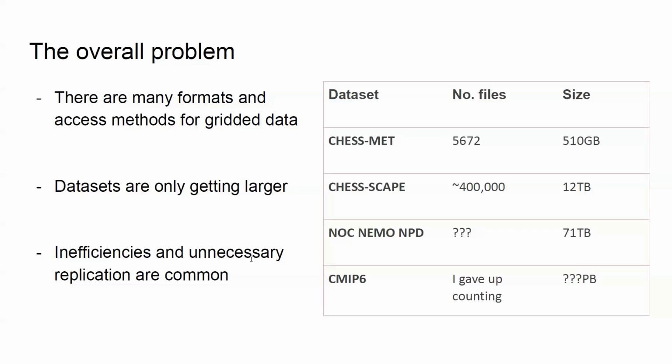On the right are some classic examples of data sets that are familiar to our field. Don't worry about what the acronyms mean, they're essentially very common data sets that we're working with in the fields of hydrology, climate science and oceanography.